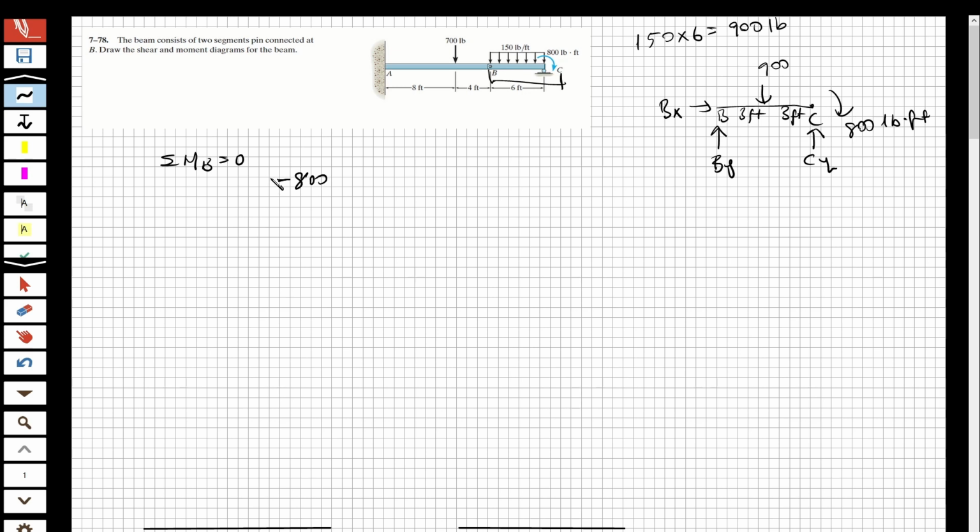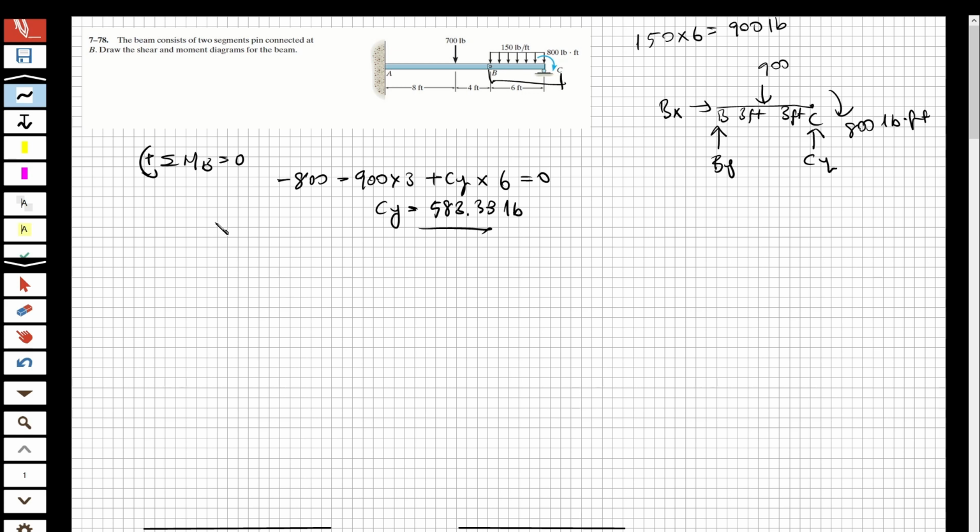Minus 800, this side is positive, so this direction, and minus 900 multiplied by 3, and we just have a Cy multiplied by 6 equal to 0. From this equation, I'm going to obtain Cy equal to 583.33 pound. This is the Cy.